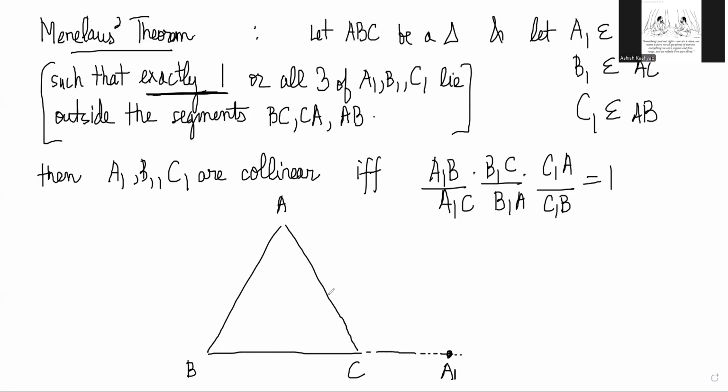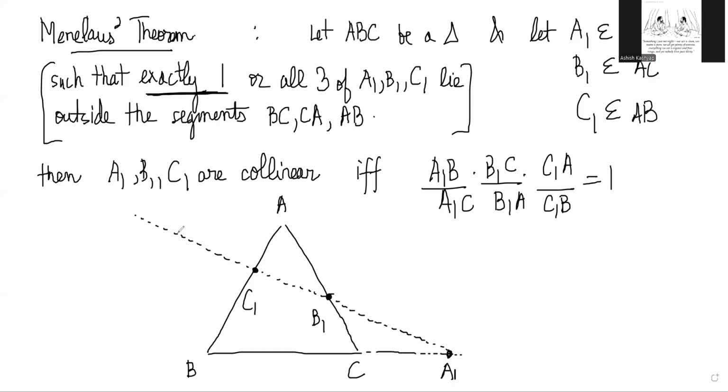So let's say this is B1 and this is C1. I want to prove that these 3 points are collinear, right? So we will draw a line through them, or we'll assume they are collinear and prove the condition. It will work both ways, so we'll assume they are collinear for now.